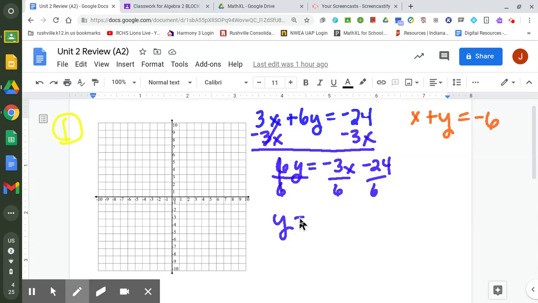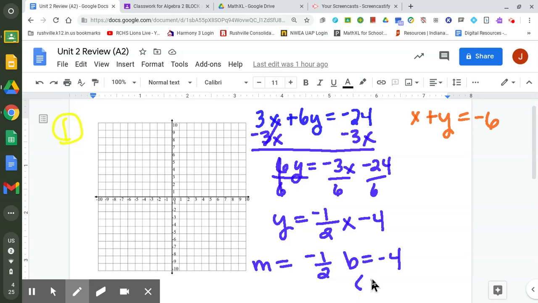So I have y equals, and a negative 3 divided by a positive 6 is negative 1 over positive 2x. And then negative 24 divided by 6 is a minus 4. So that means that my slope is negative 1 over 2, and the b is negative 4. And another way to write that is (0, -4), to write that in an ordered pair.